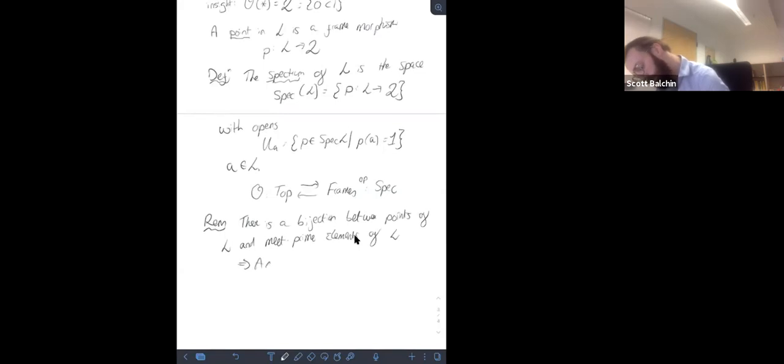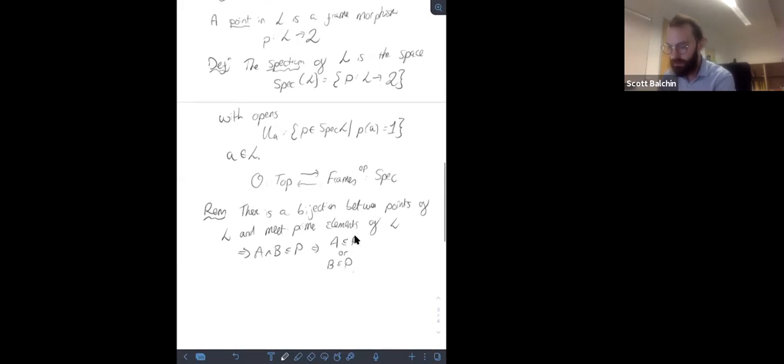Those elements p where if a meet b is less than or equal to p, this implies a is less than or equal to p or b is less than or equal to p. So the usual prime condition we're used to. Okay, and we'll come back to that later when we do an example. It's easier to see what the points are like this.